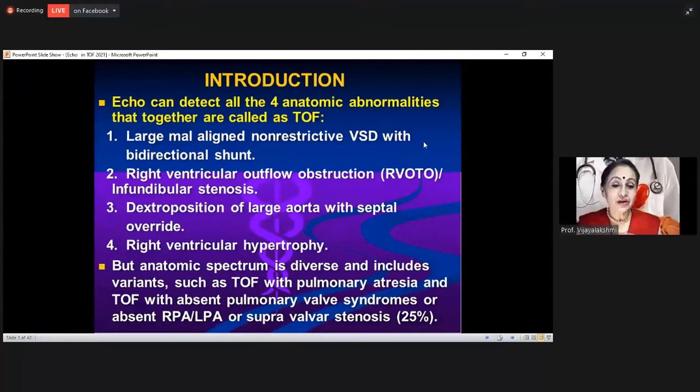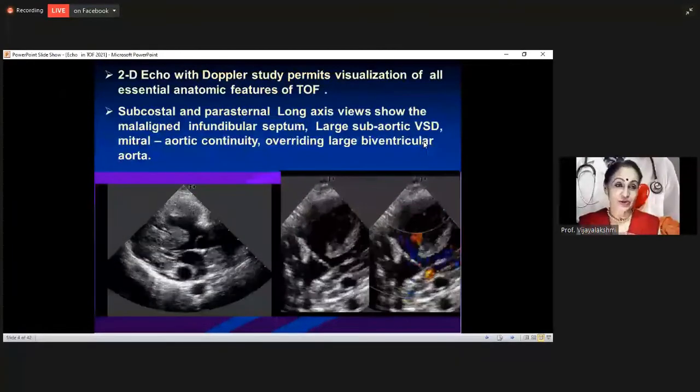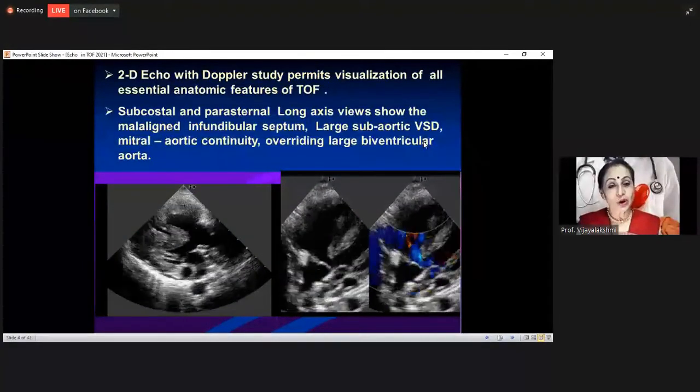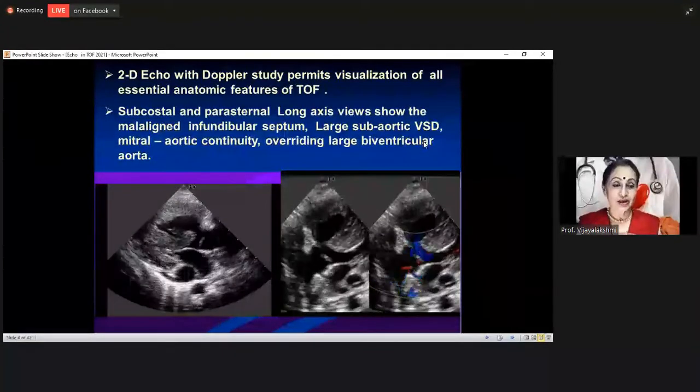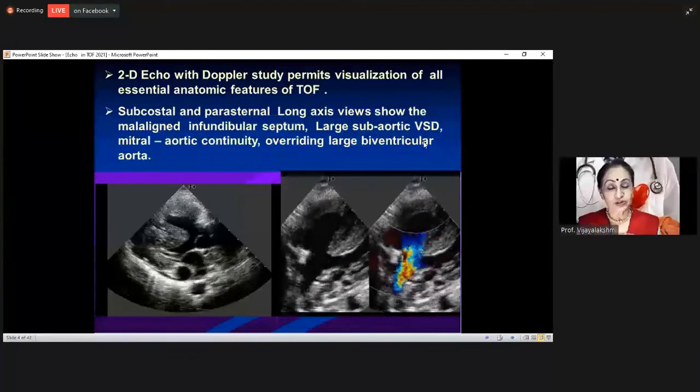But the anatomical spectrum is so diverse, it includes the variants of tetralogy of Fallot with pulmonary atresia, with absent pulmonary valve, absent right pulmonary artery, or absent left pulmonary artery, or supravalvular stenosis in nearly 25% of the cases. So 2D echo with Doppler study permits visualization of all the 4 essential anatomical features of tetralogy of Fallot.